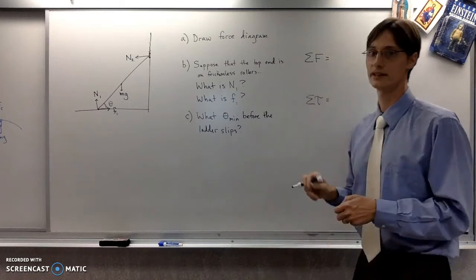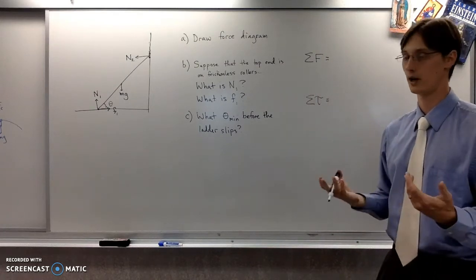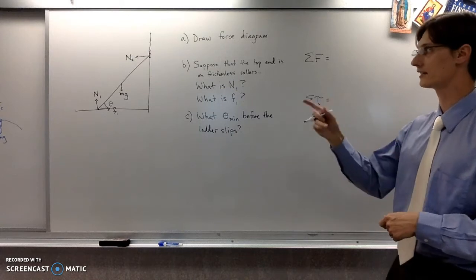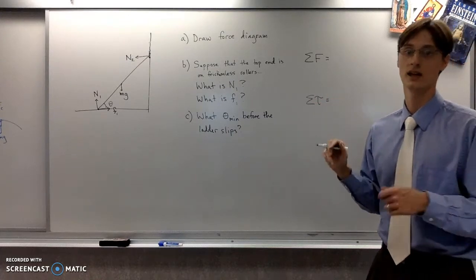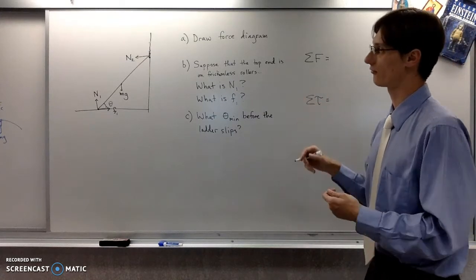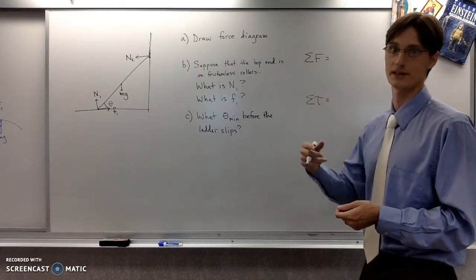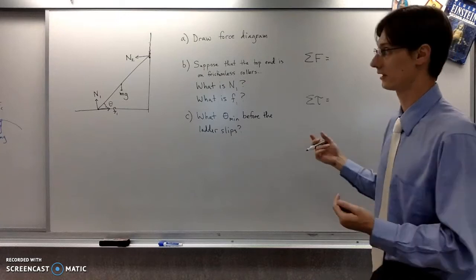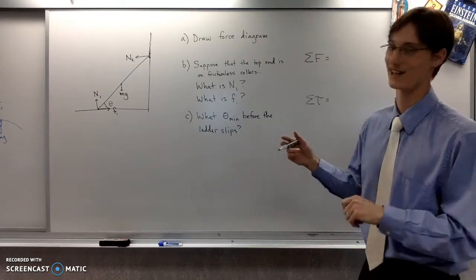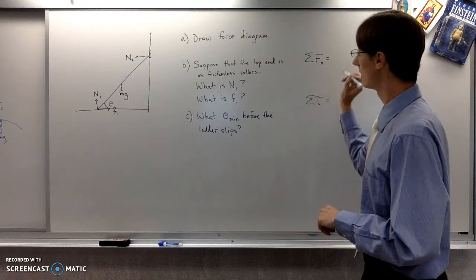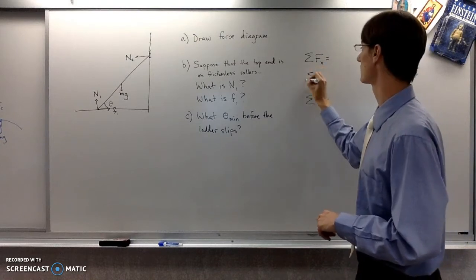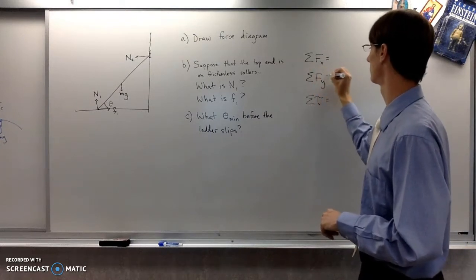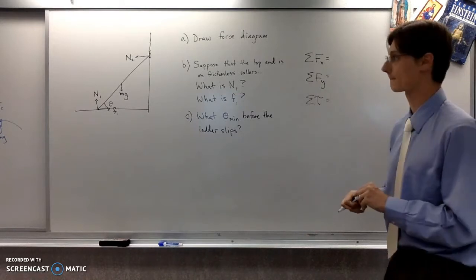Now, where this one's a little bit different from the other questions we've done is it's leaning against the wall at an angle. And some of those forces are therefore not straight up and down. Some of them are sideways, so we have both x and y to look at.